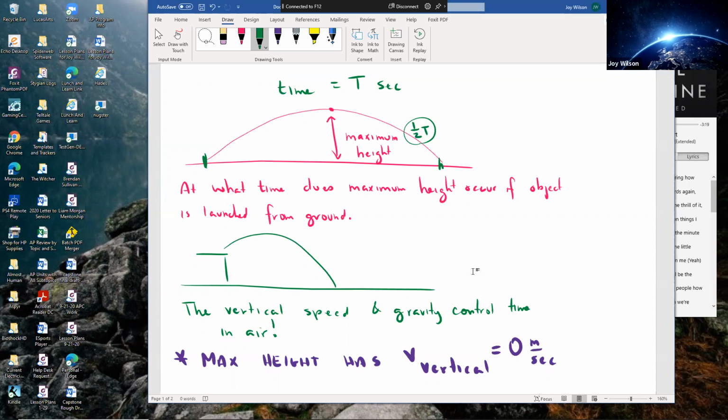What we've got is, if here's your satellite, and we have a satellite there, your mgh, H is going to be tremendously large.